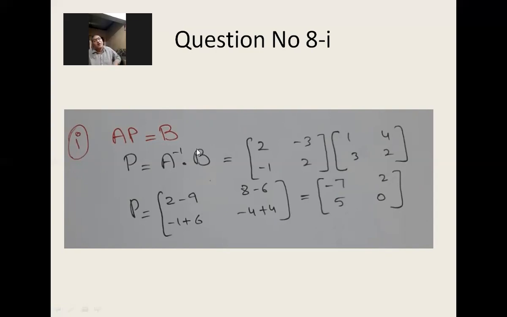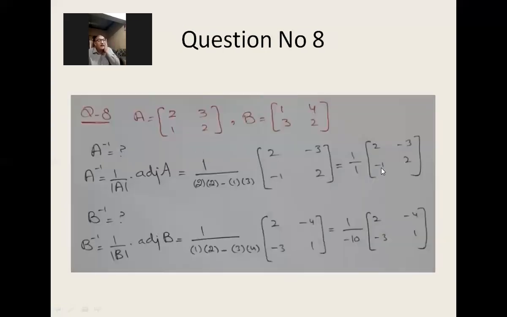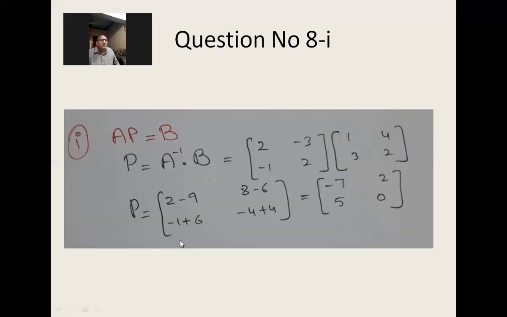We have already found that A inverse is [2, -3; -1, 2], because when this 1 by 1 multiplies or divides, it makes no difference. So here we have the A inverse value, and here is the B value, and you simply multiply them with each other.